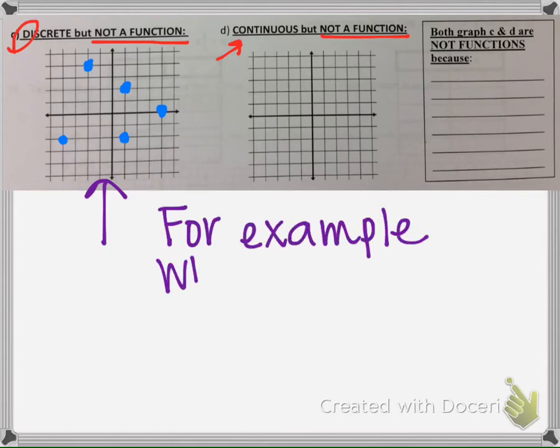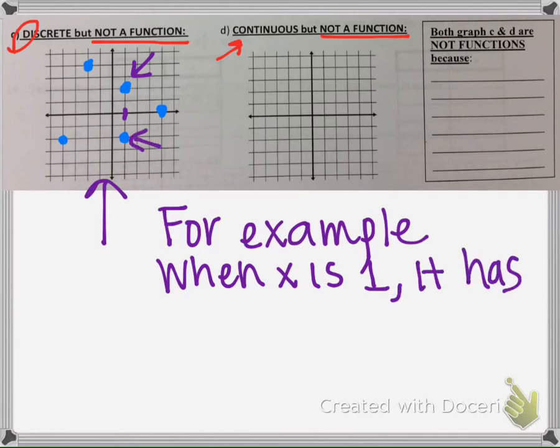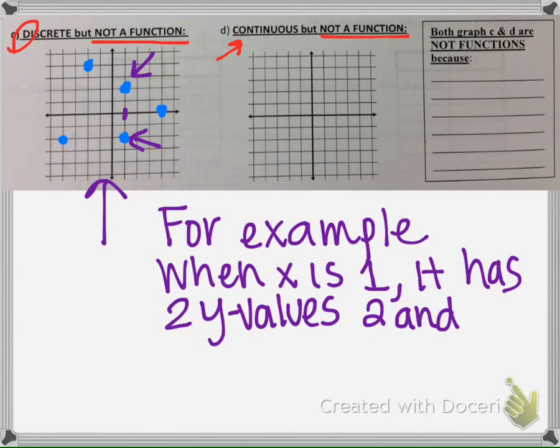when x is 1, so right here when it's 1, it has 2 y values. And I could even go further and say it has 2 y values, 2 and -2.